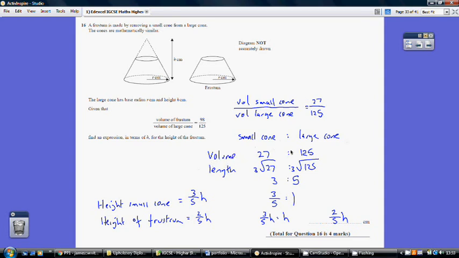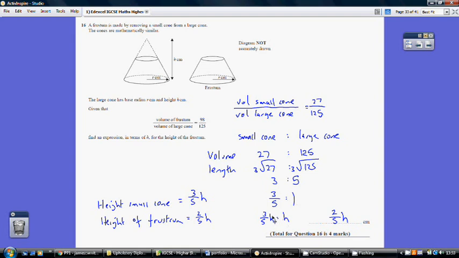So the length ratio between the small cone and the large cone is going to be the cube root of 27 to 125, which is 3 to 5. So our length ratio is 3 to 5. Now, just dividing both sides by 5, we could say that our length ratio is 3 over 5 to 1, or if you like, 3 over 5 h to h.